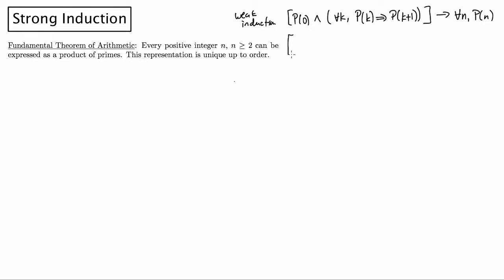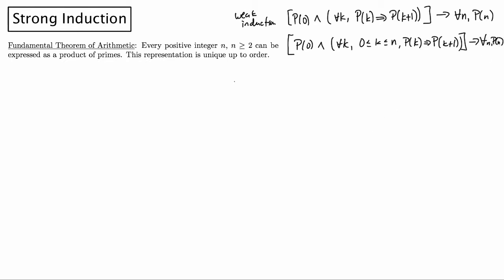However, strong induction by comparison looks like this. You have your base case, and for every value of k between 0 and n, you know that you can write P(k) implies P(k+1), and that together those imply for all n, P(n).